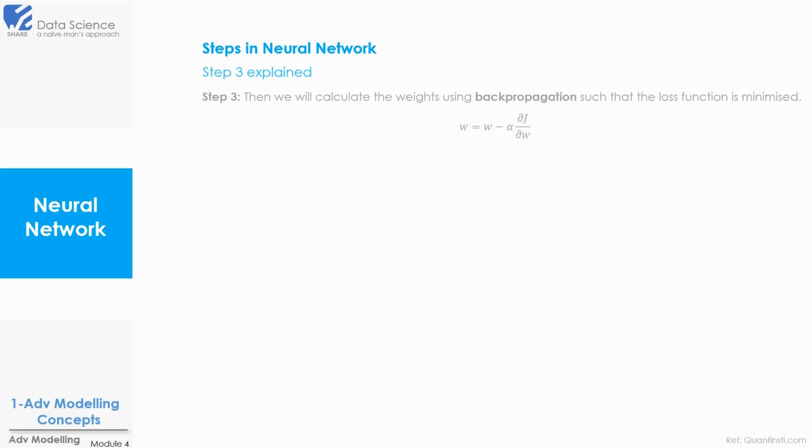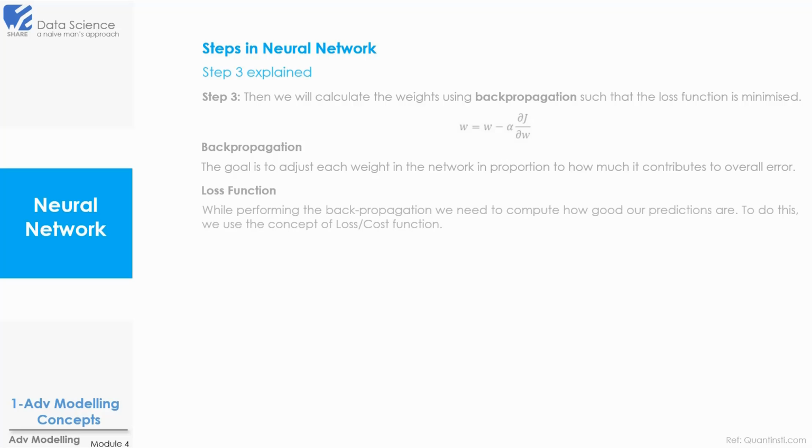So we use the backpropagation algorithm to calculate weights. The goal of backpropagation is to adjust each weight in the network in proportion to how much it contributes to overall error. Basically, if we reduce each weight's error, eventually we'll have a good prediction. While performing the backpropagation, we need to compute how good our predictions are.